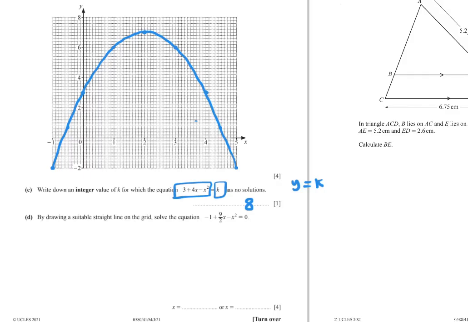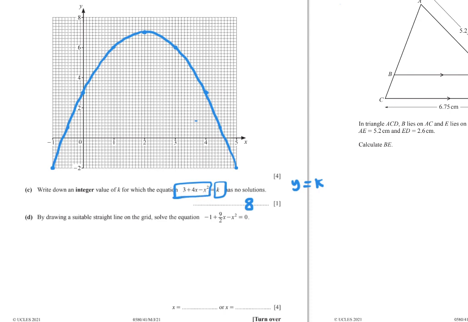Next part, D. By drawing a suitable straight line on the grid, solve the equation. To find the suitable line we have to draw, keep the equation of the curve to the left and the suitable line will be to the right. So this is the equation of the curve, 3 plus 4x minus x squared.